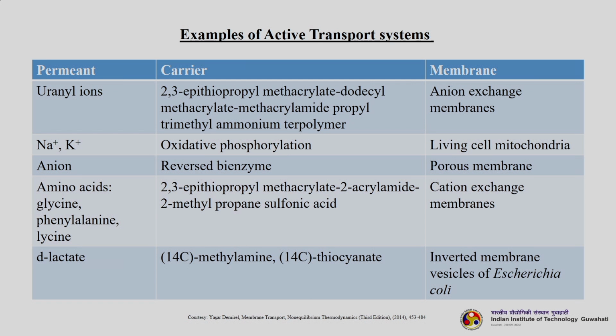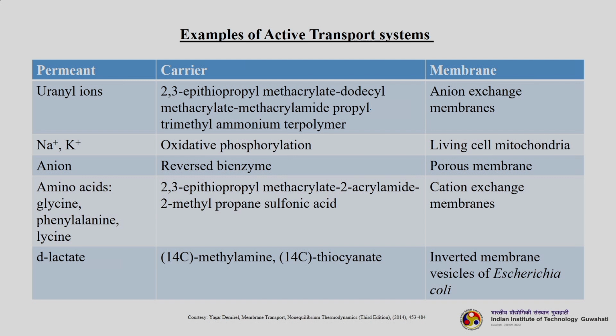Now, these are examples of active transport systems. You can see the permeate, carrier and membrane all given here. For uranyl ions, we have a carrier with a big name, 2,3 epithiopropyl methyl cryolate dodecyl, and we can have an anion exchange membrane.